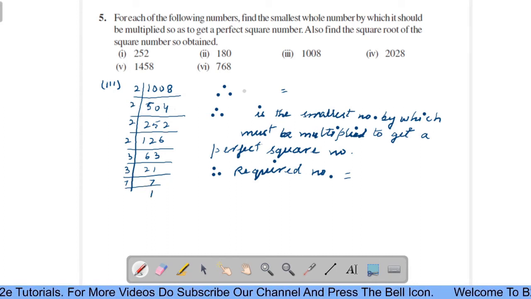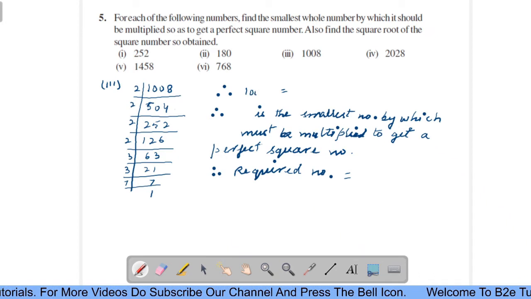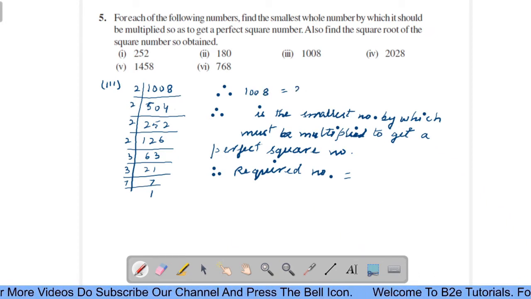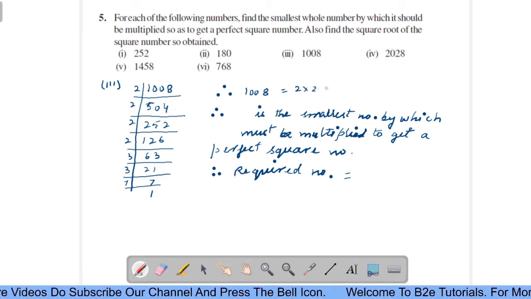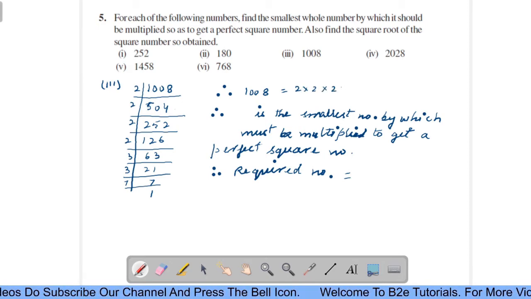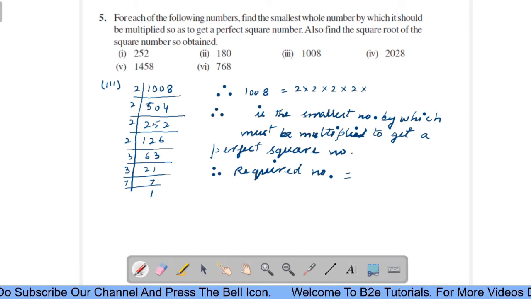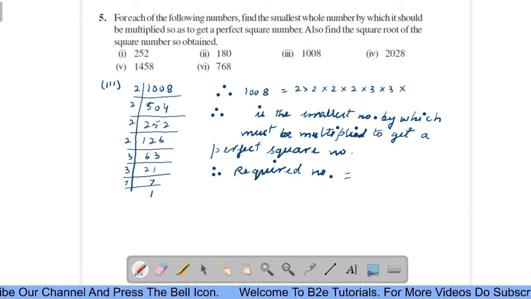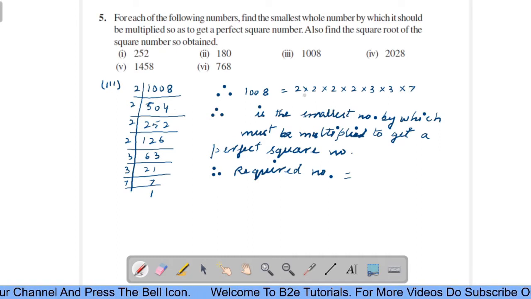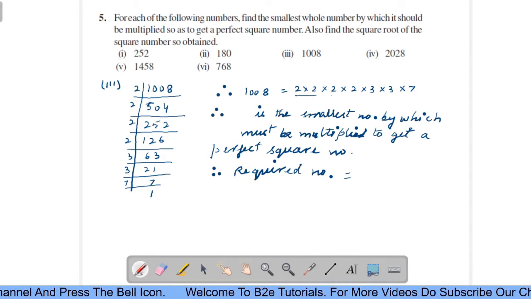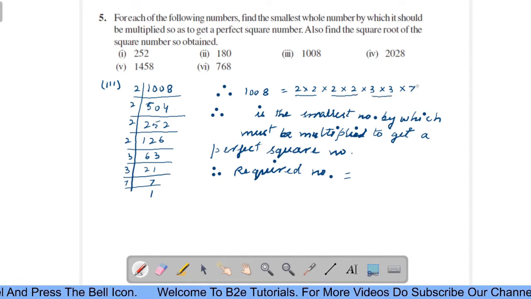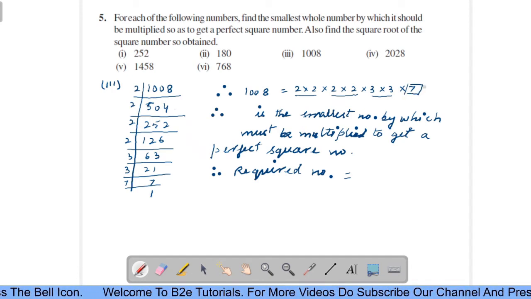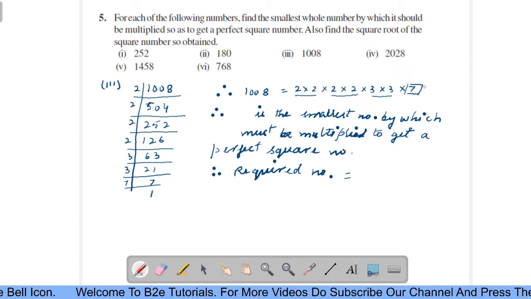Therefore 1008 can be written as 2 into 2 into 2 into 2 into 3 into 3 into 7. Now make pairs of 2. Here we can make pairs of this, but we are unable to make pair of this 7. It means one 7 is missing.